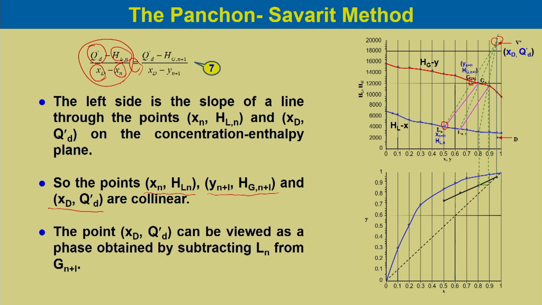So, the point Xd Qd dash can be viewed as a phase obtained by subtracting Ln from Gn plus 1. This V dash point over here can be viewed as subtracting Ln from Gn plus 1, as we have done with the enthalpy concentration diagram and the conclusion we have made from its geometry.